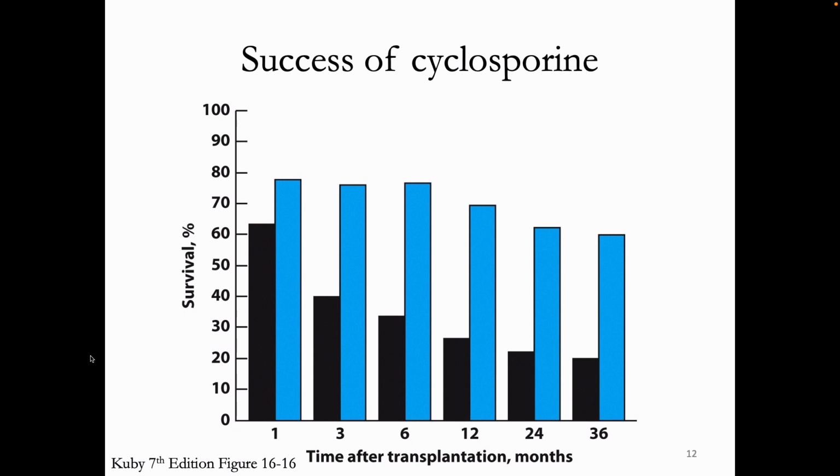And so you can see in the black we have this progressive loss of that graft, while when we treat our patient with cyclosporin, our graft is much more likely to survive. And so this should show you the dramatic success of cyclosporin. Transplantation was rarely workable, wasn't something that was done very often until cyclosporin was invented. Cyclosporin has really allowed transplantation to happen.